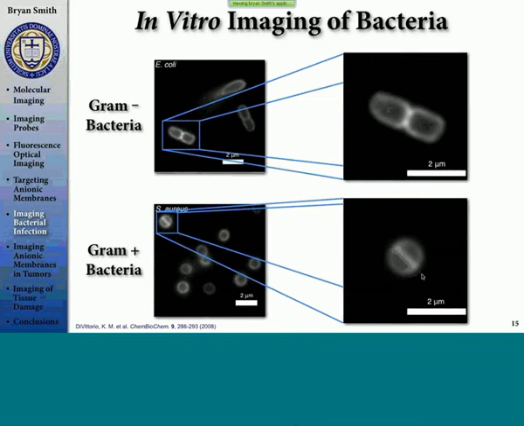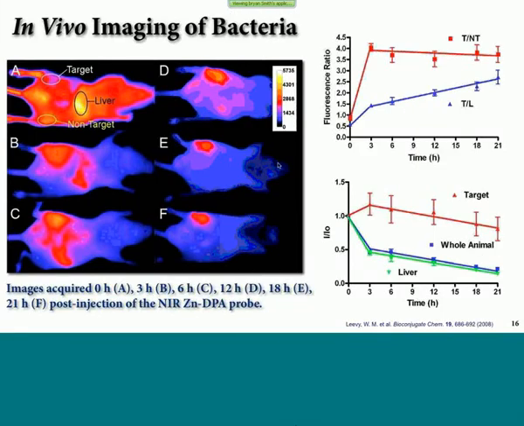Now this dye can only get into cells if the membrane's been permeabilized, which occurs during necrosis. So the most important image in these panels is C. If we look at the cells that are circled, these represent cells that are stained by our probe but not the 7-AAD, so they represent cells that are undergoing apoptosis. But what's also interesting is that our probe can detect both apoptosis and necrosis in these cells.